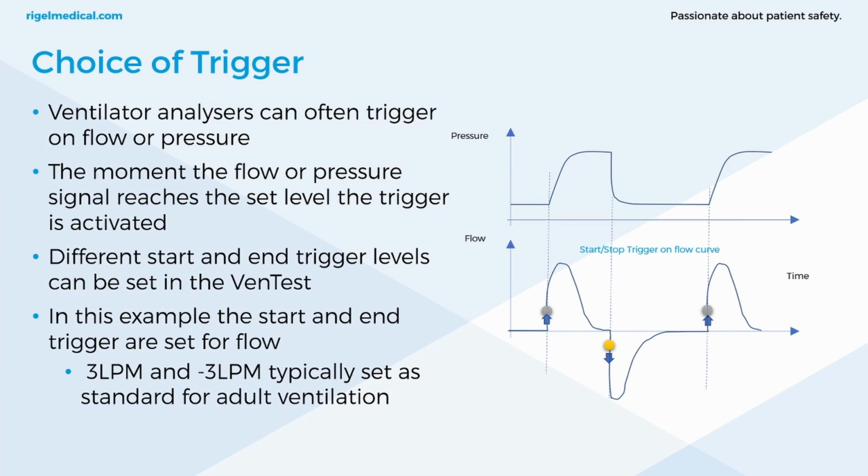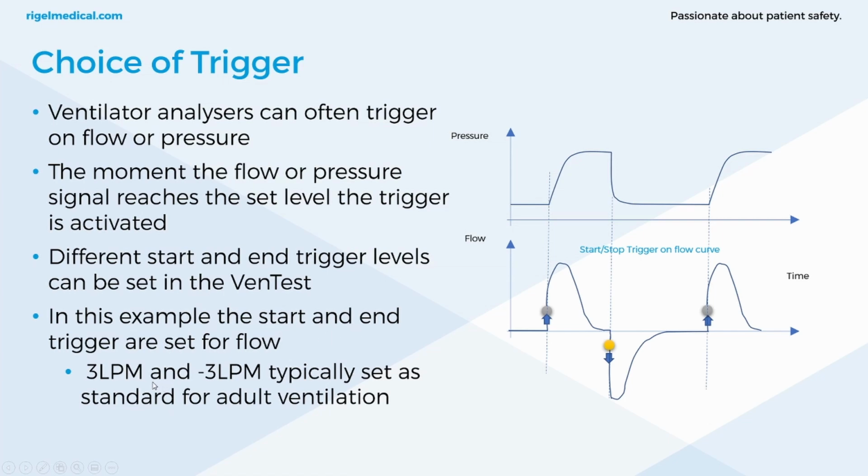Okay, so ventilators can often trigger on flow or pressure, so you've got a choice of one or the other. The moment the flow or pressure signal reaches the set level, the trigger is then activated. The moment that this happens, the measurement takes place. Different start and end trigger levels can be set in the vent test. In this example, the start and end trigger are set for flow.